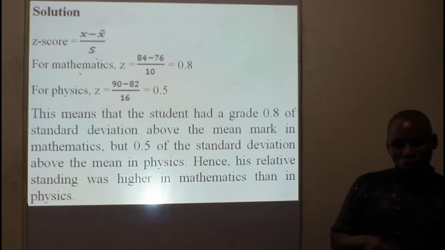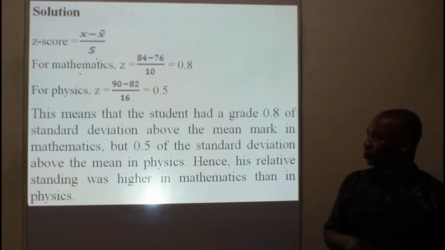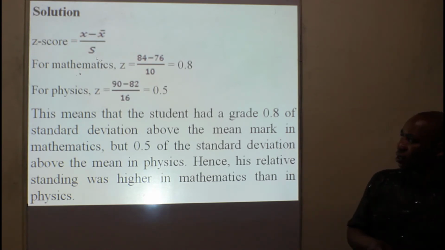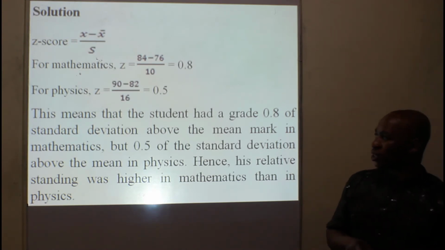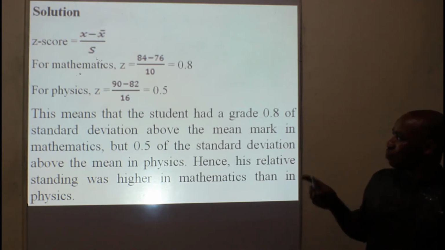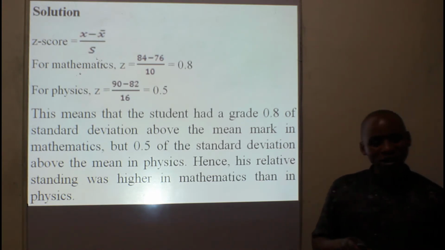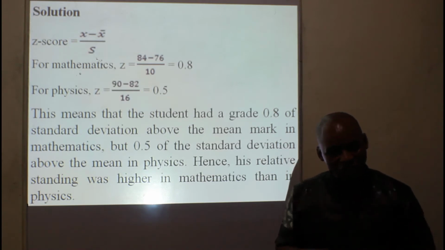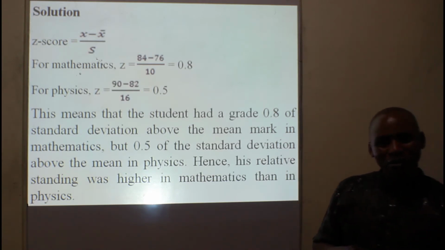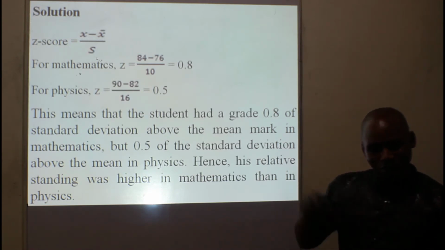So what it means is that the student's z-score of 0.8 is about 0.8 standard deviations above the mean.